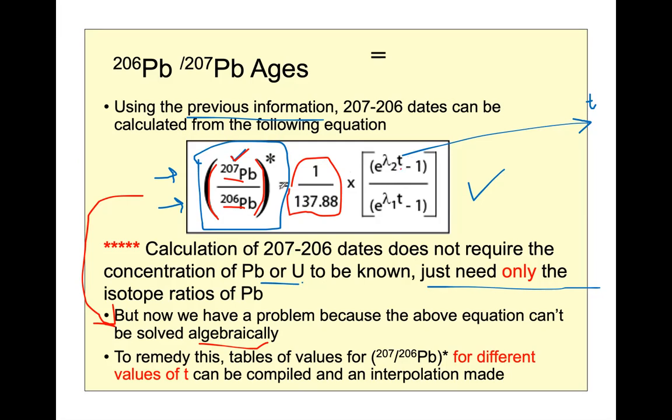But to avoid that, what we can do is go for a tabulated format and make a diagram. Making a diagram means you can plot this star value on one axis, and this value can be taken on the x-axis, right?